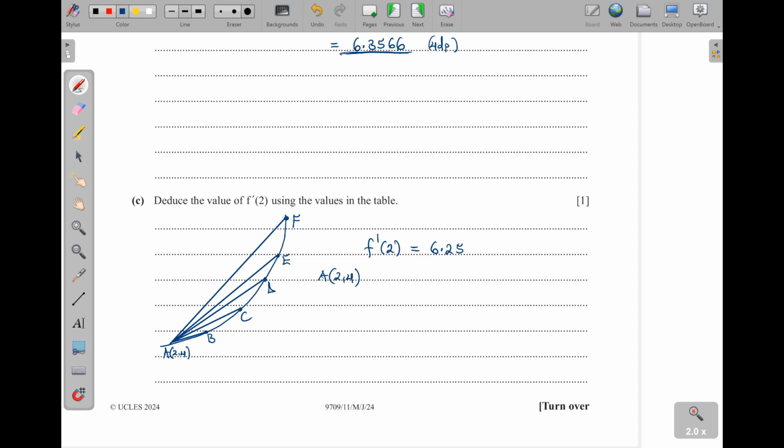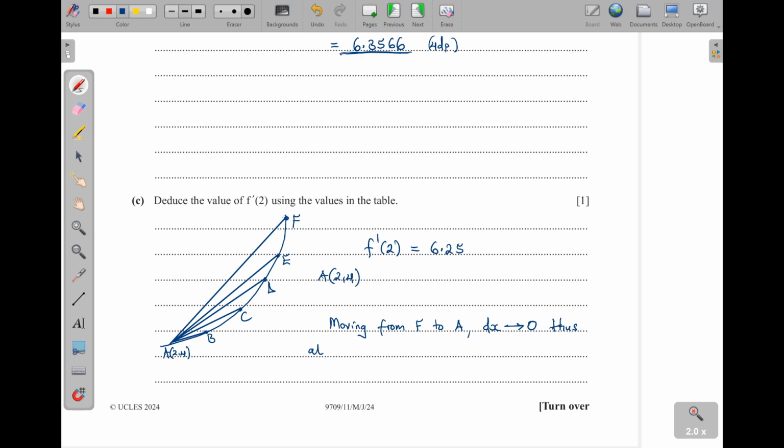So I can maybe say here that moving from F to A, the change in X goes to what? To 0. So therefore, let me just write this.